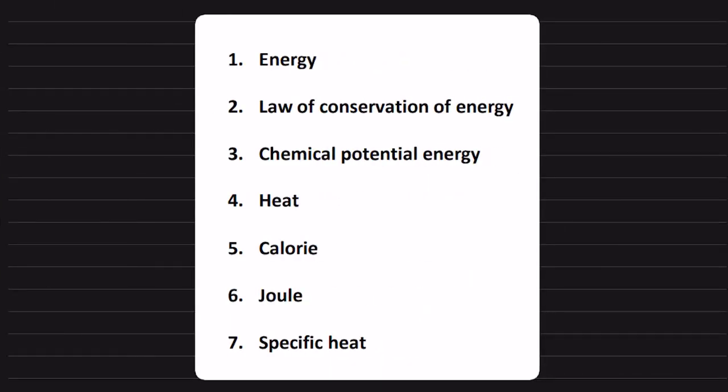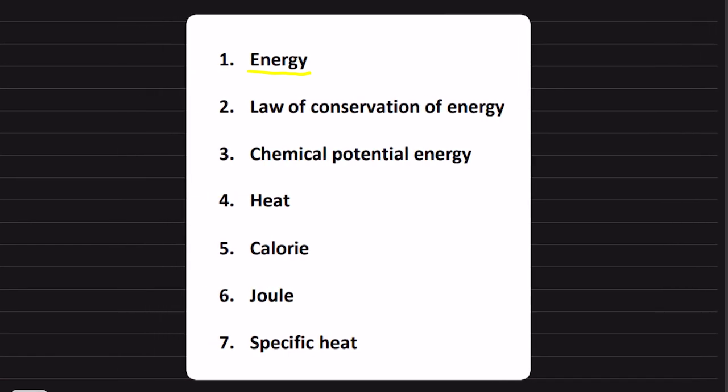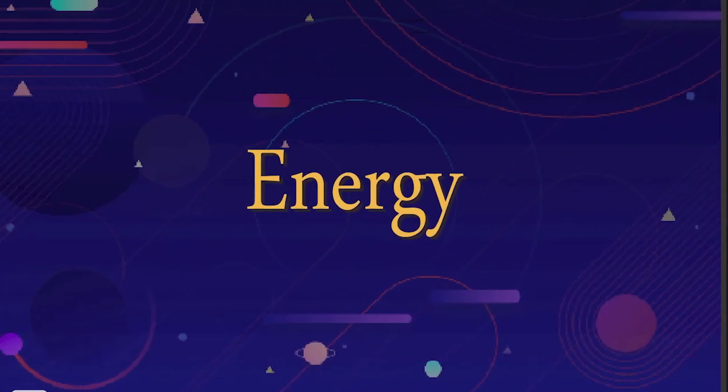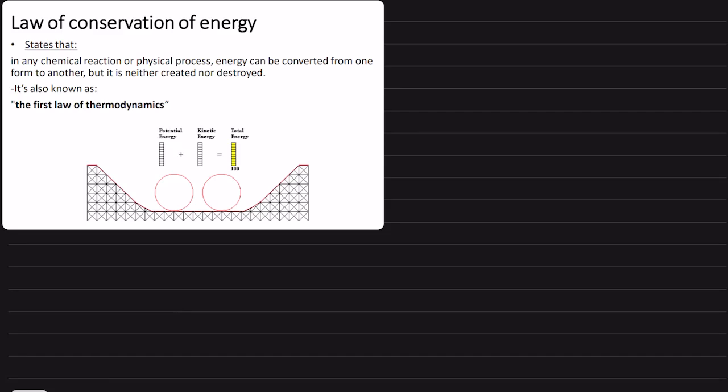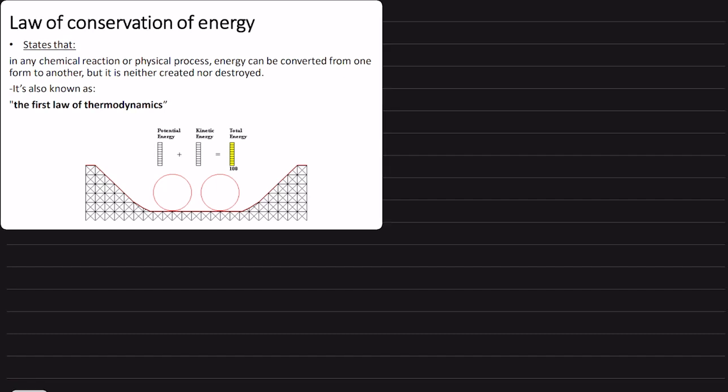The main keywords from these topics are energy, law of conservation of energy, chemical potential energy, heat, calorie, joule, and specific heat. First of all, we need to know about the term energy. Before starting the law of conservation of energy, we need to define what we mean by energy.